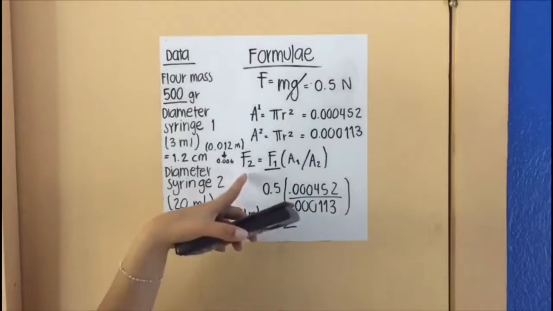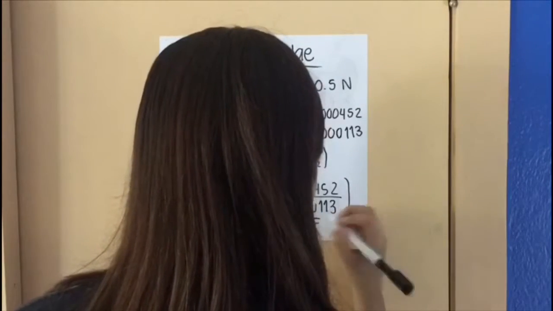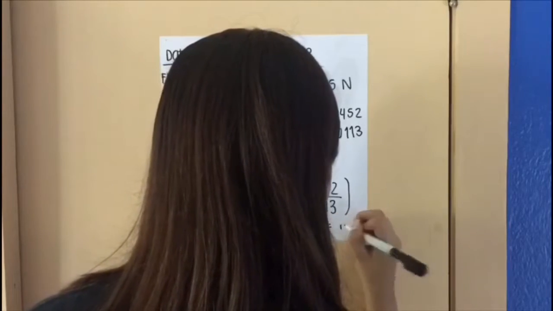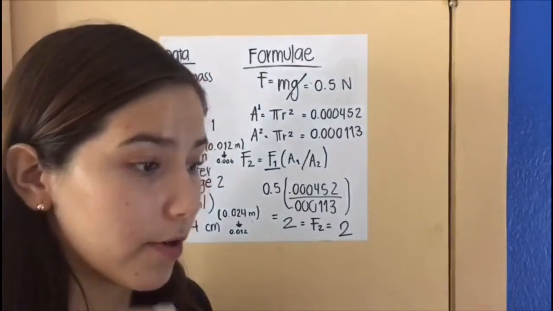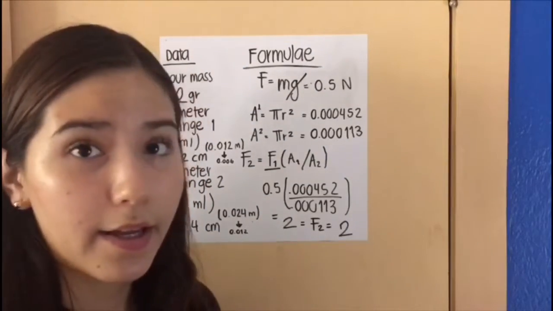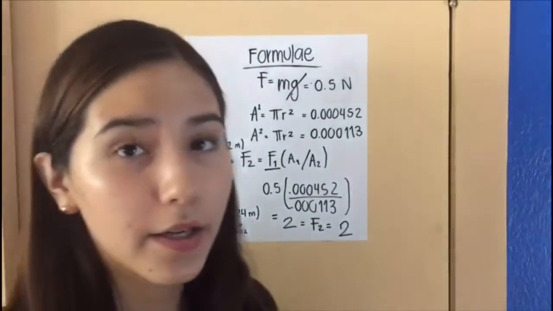The value of our second force is 2. This means that the force applied on the plunger of the 3 millimeter syringe is 2 newtons.